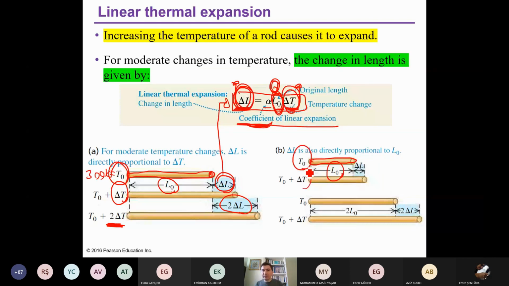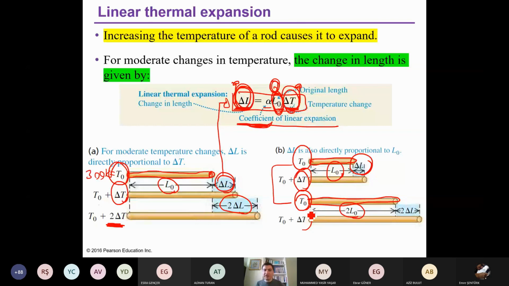Then it is expanded. This is the new length of the rod. And here we have a rod of the same material, but now the length is 2 times bigger than the initial one, and the temperature is again the same, and I increase the temperature by the same amount.